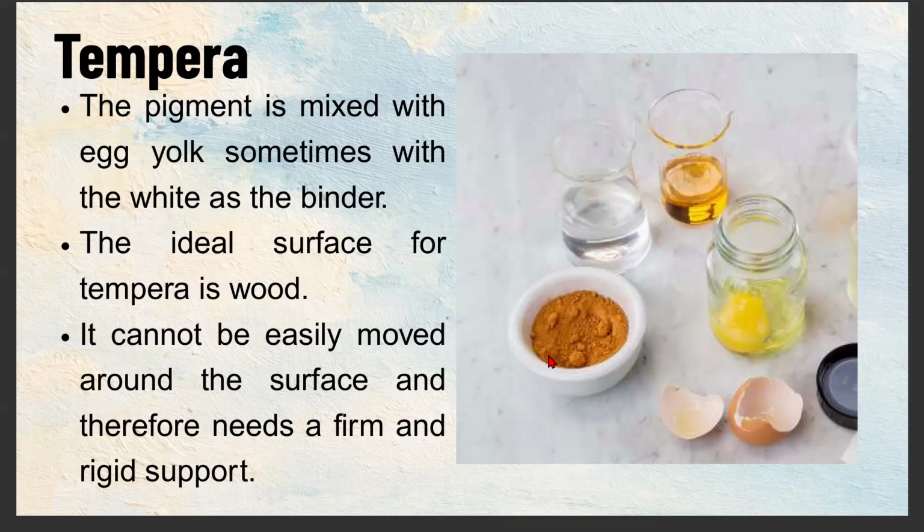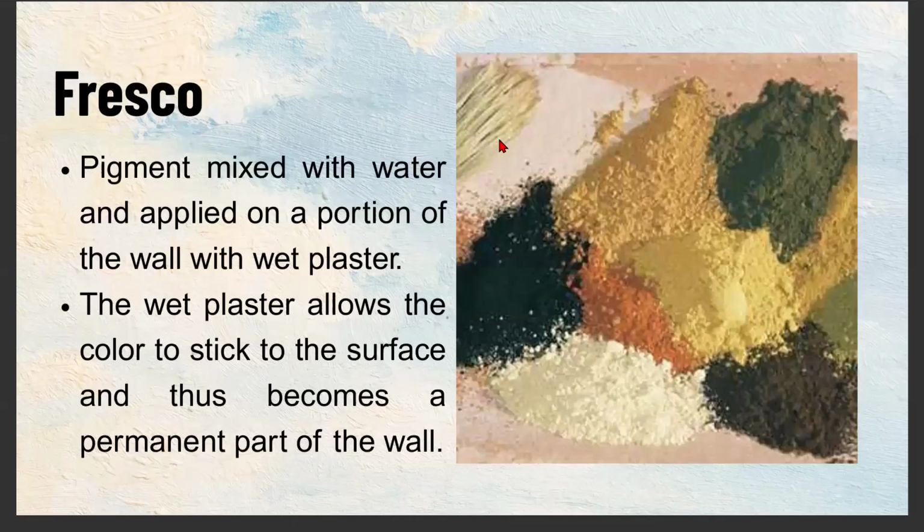One advantage of it is fast drying, but tempera isn't commonly used by artists because it produces flatter colors compared to other mediums of paint. So they don't consider it as much as other types of paint.